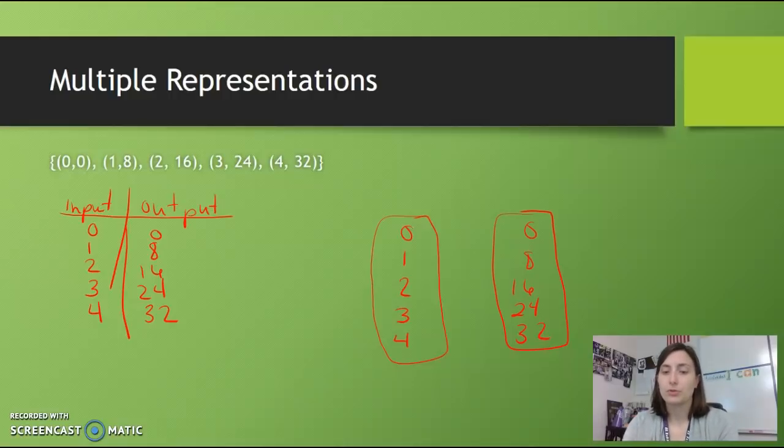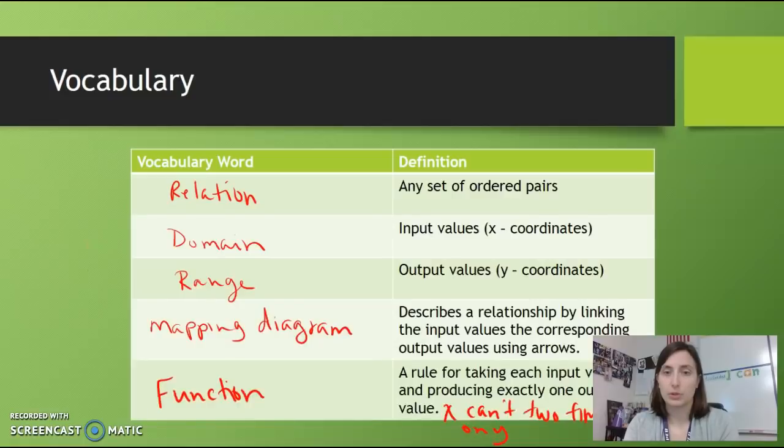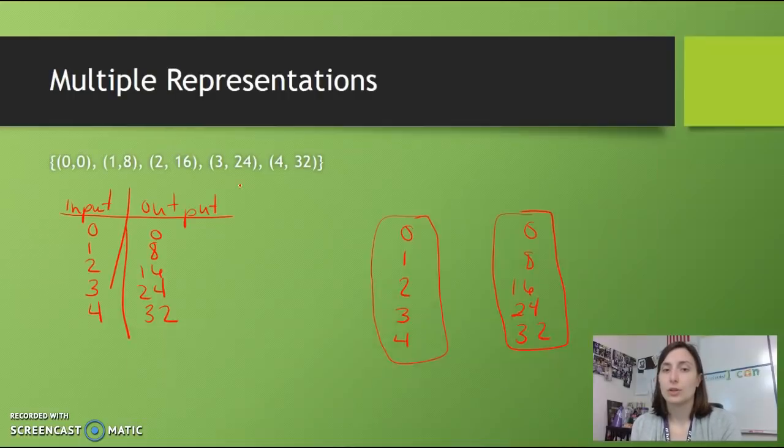Now, if you remember from our definition, I'm going to go back real quick. A mapping diagram describes a relationship by linking the input values to the corresponding output values using arrows. So here are my inputs, and here are my outputs. And so all I'm going to do is compare. My point is 0, 0, so I'm going to draw from 0 over to 0. My next one is 1, 8, so from 1 to the 8.